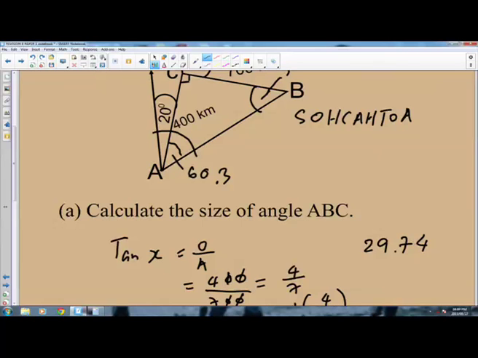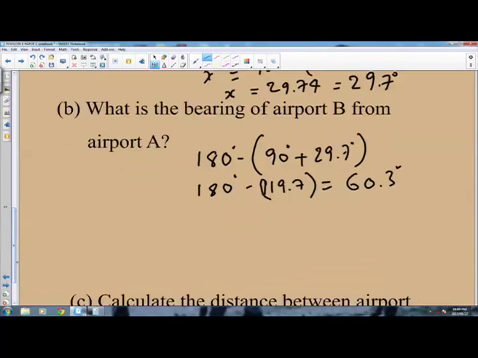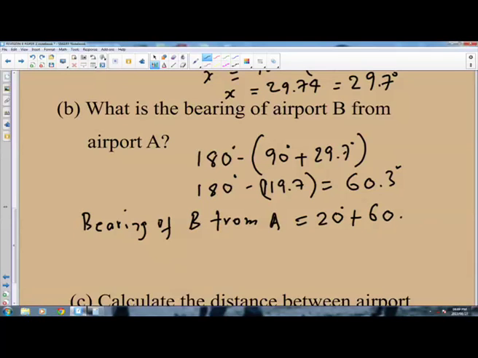That's the bearing of B from A. So the bearing of B from A will be equal to 20 degrees plus 60.3 degrees, which is 80.3 degrees. So the answer is 80.3 degrees. This is the bearing of airport B from airport A.